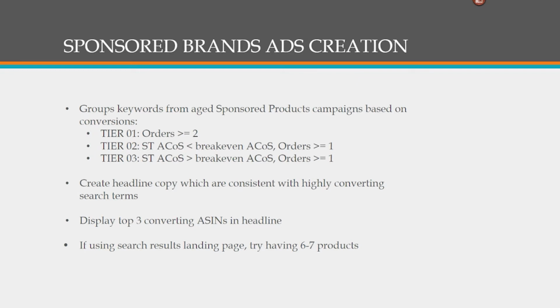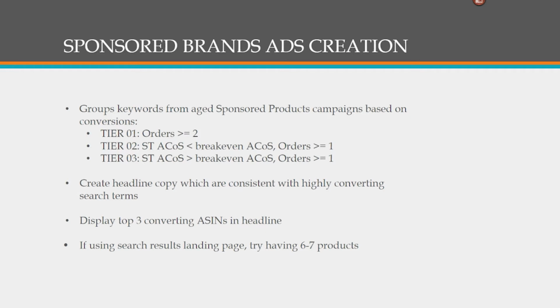Previously I was saying there are potential scenarios where you can create 10 ad groups just for one SKU for sponsored products campaigns. Well, if we were to treat that as a sponsored brands strategy, then we would create 10 sponsored brands campaigns.